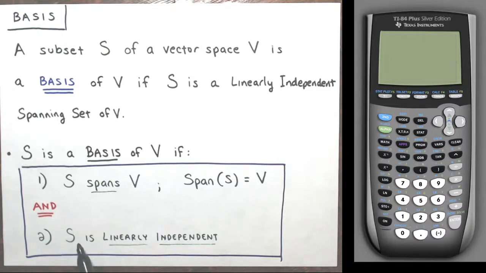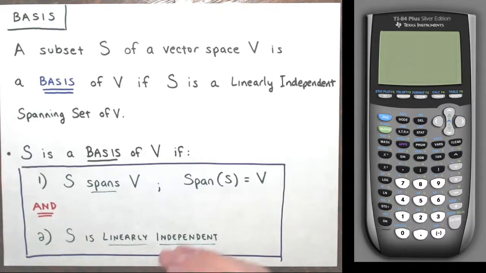You take 0 of vector 1 plus 0 of vector 2 plus 0 of all the vectors, and that's the only way to get the zero vector. That was another way to show that S was a set of linearly independent vectors.